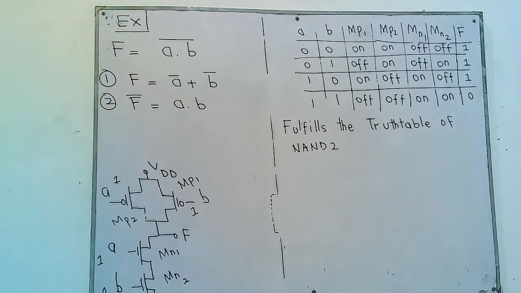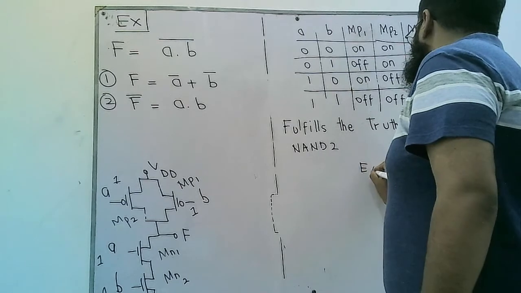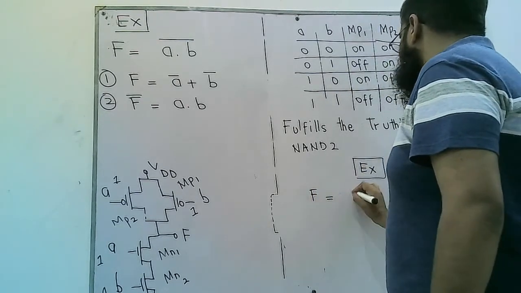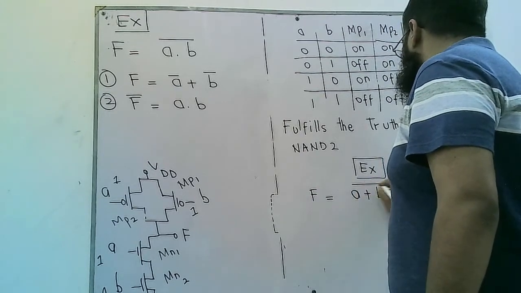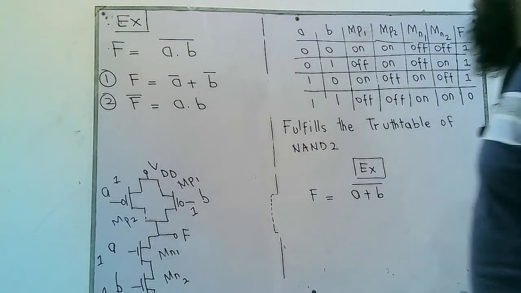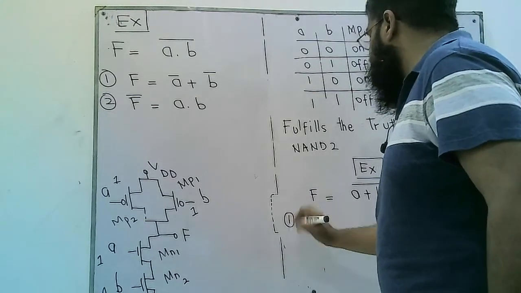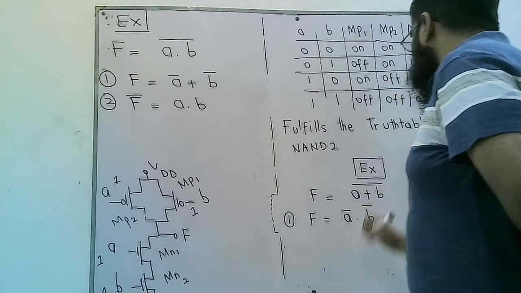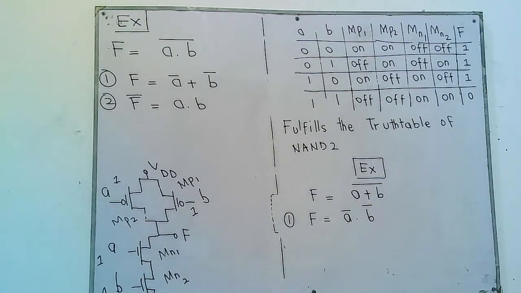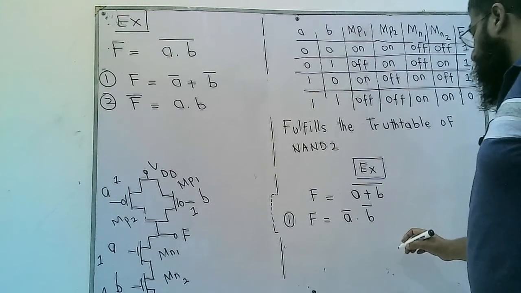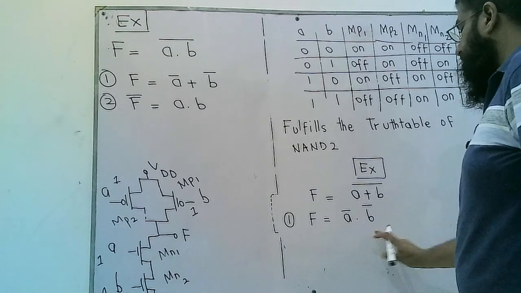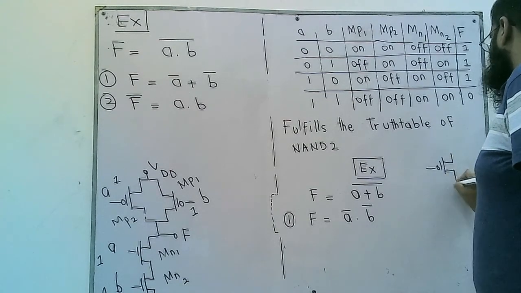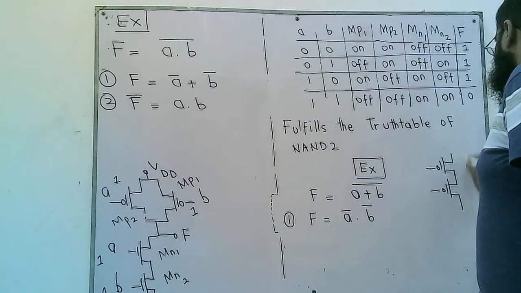Another simple example would be this. This is a 2-input NOR. So we'll apply step number 1, that is, we'll apply De Morgan's law repeatedly and distribute this inversion on each and every variable, and then we'll ignore inversion and implement using PMOS transistors.